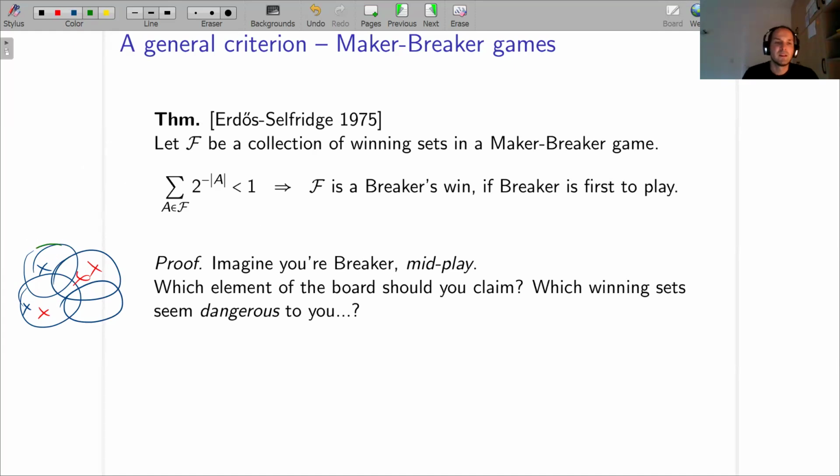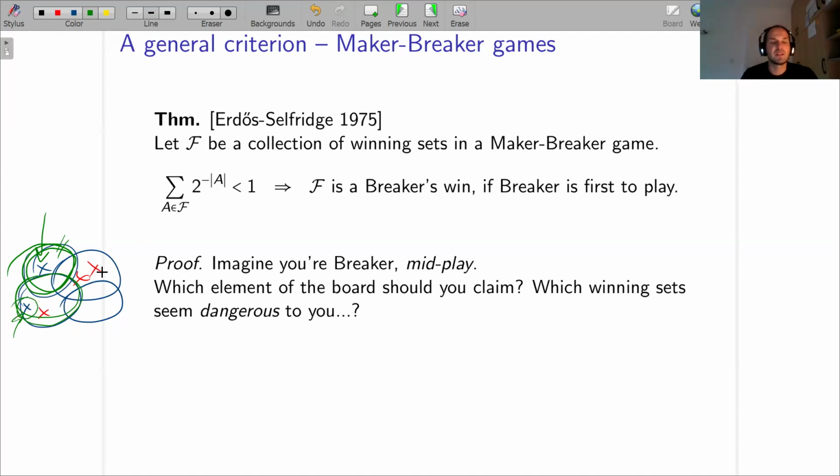Obviously, this winning set here has a blue element in it, so it is not dangerous at all. It's already neutralized by breaker's element. This hyperedge, this winning set, as well has a breaker's element, so it's also neutralized.